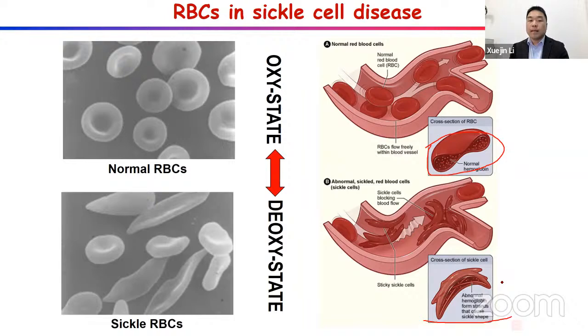These long fibers distort the cell membrane and cause blood cells to lose their normal shape and become sickle-shaped, like this. It's a sickle cell. These sickle cells are quite stiff and sticky, so they are unable to deform when they pass through narrow blood vessels, but block blood flow and lead to vaso-occlusions, as shown in this figure.